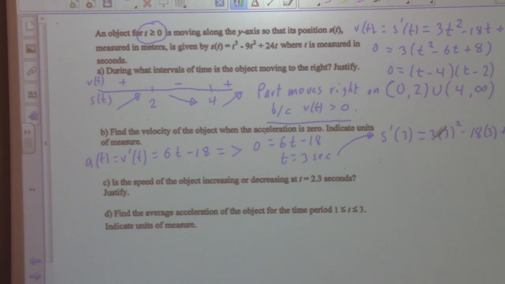So that's 27 minus 54 plus 24, which is -3. So the velocity is -3 what? Meters per second. Yes, so we found it.